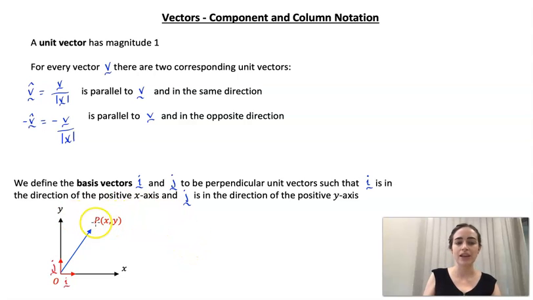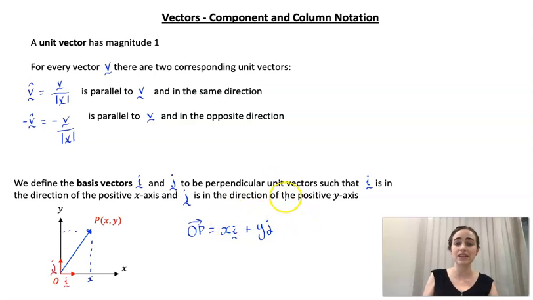Now, if we have a point P with coordinates (x, y), then we can describe the vector moving from O to P as x i, because if we drop this straight down, it comes to that coordinate point. We're going x lots of that i vector, plus y lots of that j vector, so y j. They should have their squiggles under them as well to say that they're vectors.